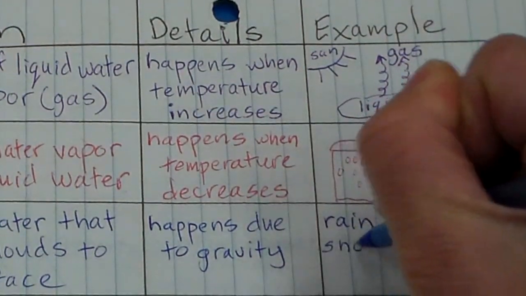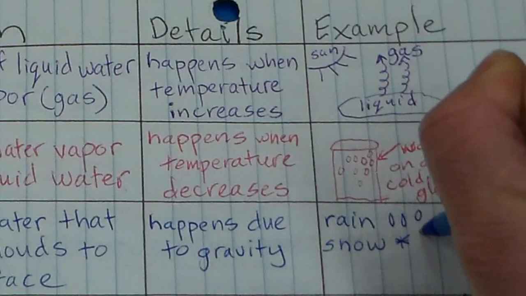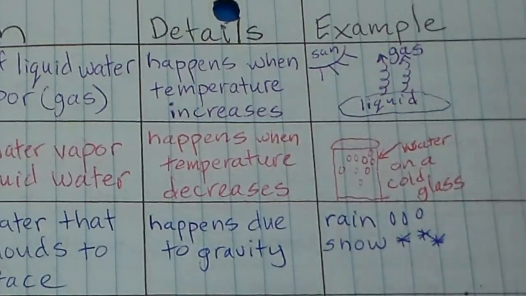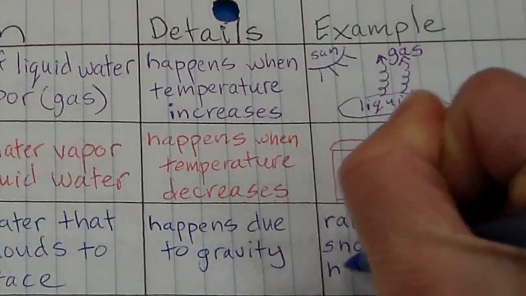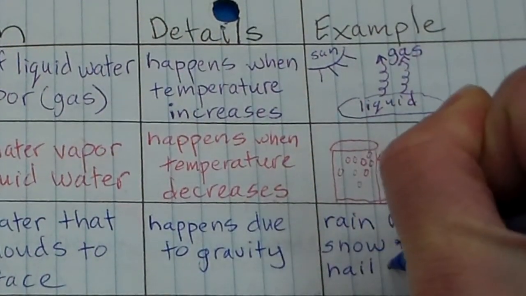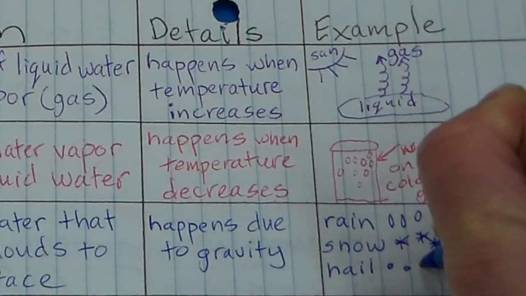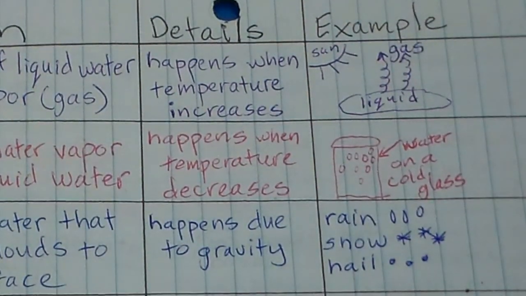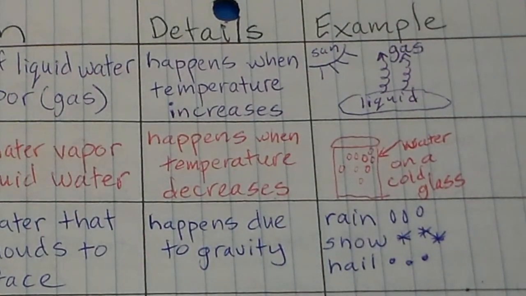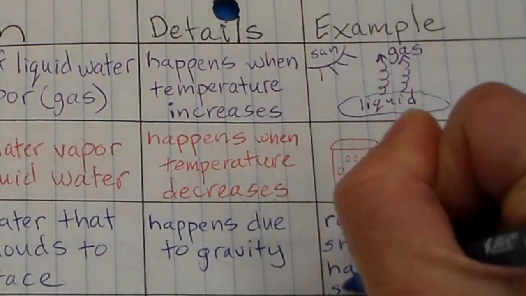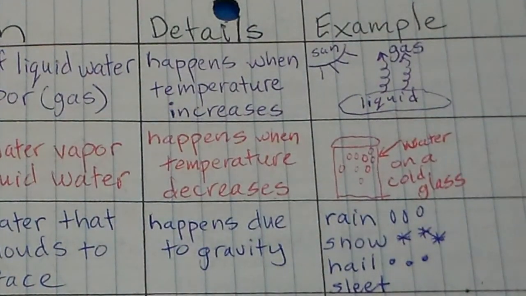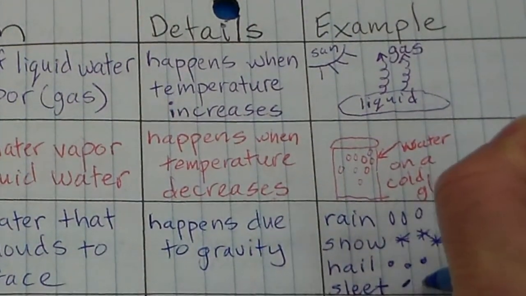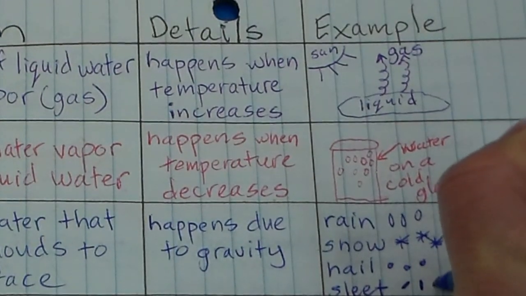We have the crystallized version, which is snow, right? Snowflakes are frozen crystallized water. We have something called hail. Hail is little solid balls of ice. Those happen during a thunderstorm. And there's also a type of precipitation which you probably aren't familiar with because it's not found here so much in San Jose, but there's something called sleet. And sleet is raindrops, but they're like frozen rain.